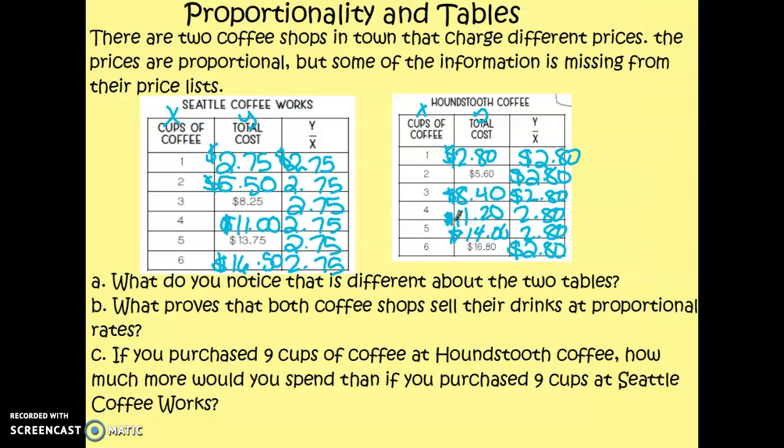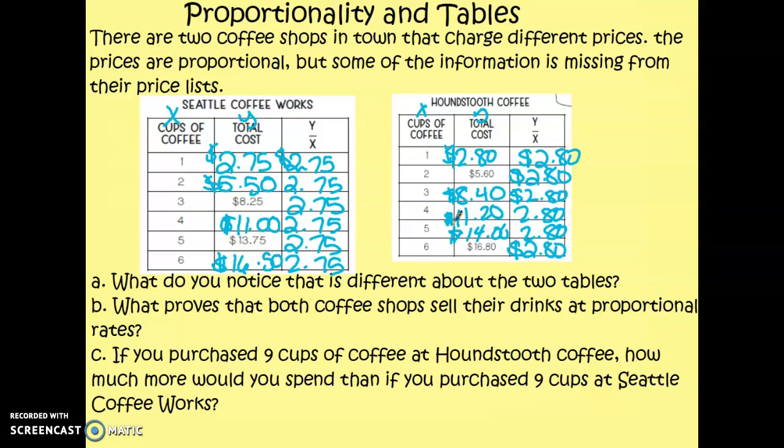Okay, so what do we notice about the two different tables? Well, Houndstooth coffee is more per cup of coffee, which is going to make it more at each of the intervals that we have. Okay, it looks like everything else is pretty similar. It's only 5 cents more, so really it would probably be like you pay more the more cups of coffee that you get.